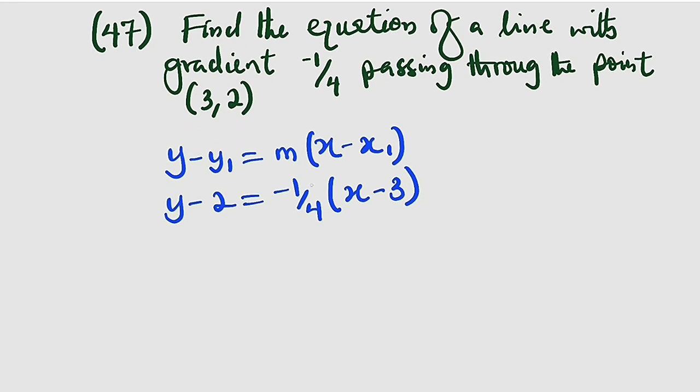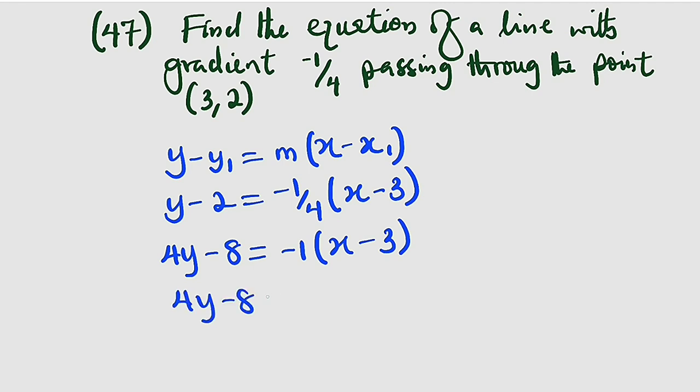I would like to clear the fraction by multiplying every single term by 4. Once you do that, this fraction will go. So y multiplied by 4 will give us 4y minus 2 times 4, which is 8, equals -1 divided by 4 times 4, which will be -1 multiplied by x minus 3. This is 4y minus 8 equals, we can distribute this -1, we have -x plus 3.